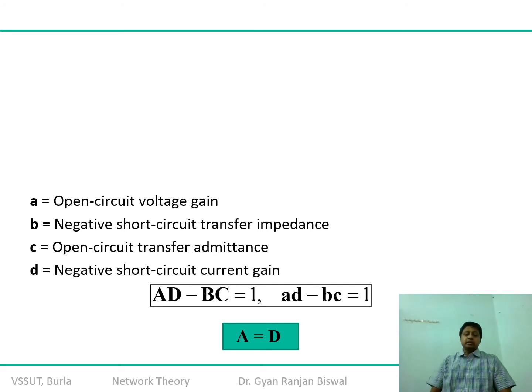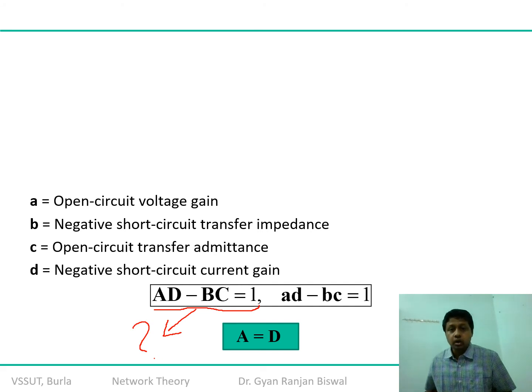So if you look at the matrix of the previous equation, the determinant of ABCD is equal to the mod value of 1. You can prove this particular thing. I give you a challenge over here as far as this particular statement is concerned. Here I will put an arrow mark: your job is to prove this, that AD minus BC is equal to 1.